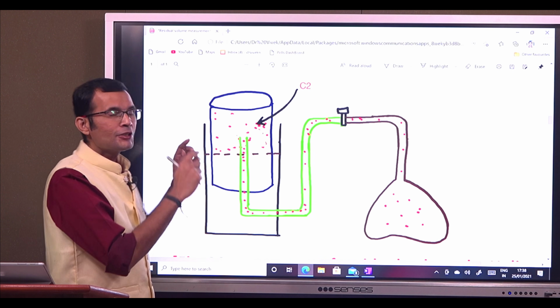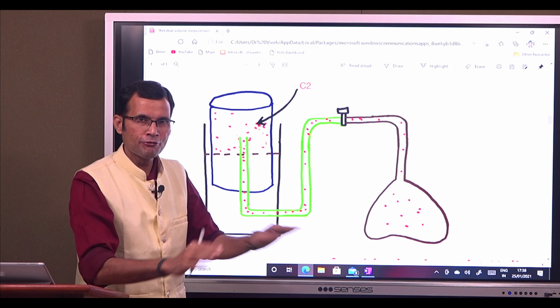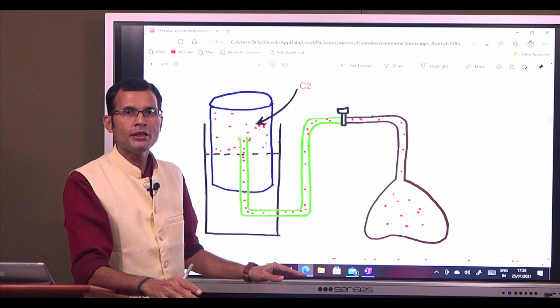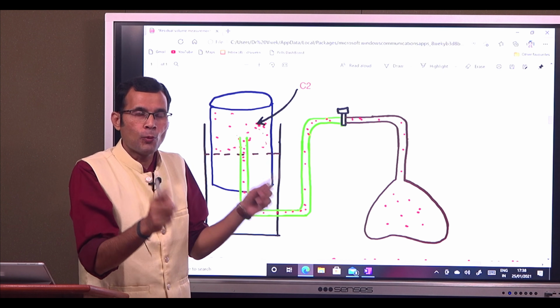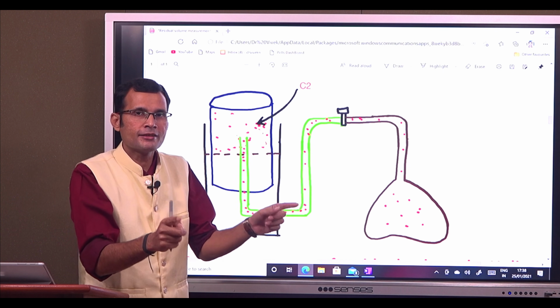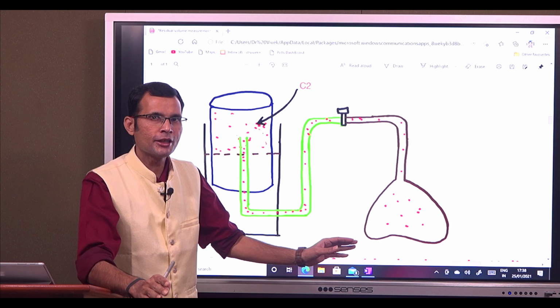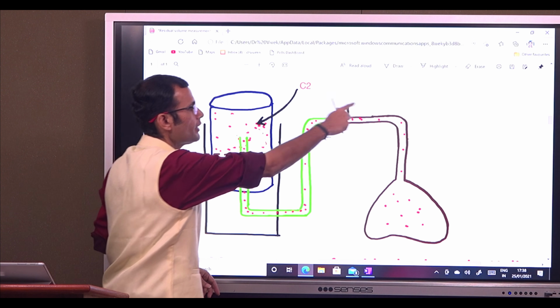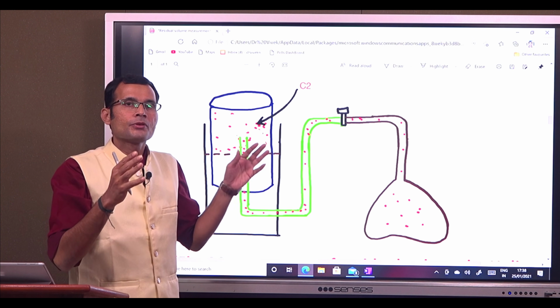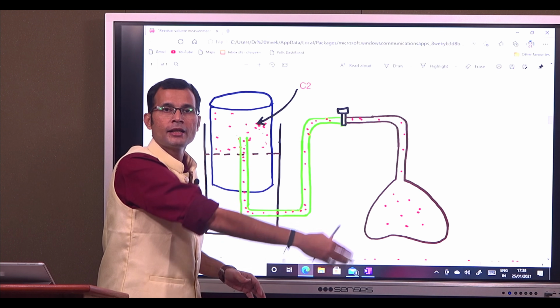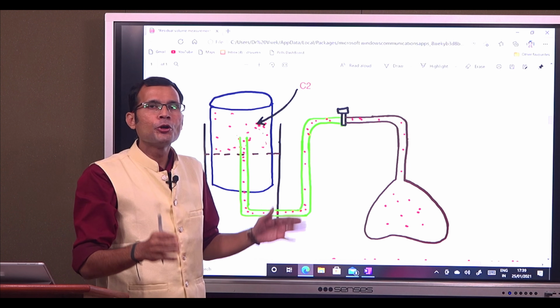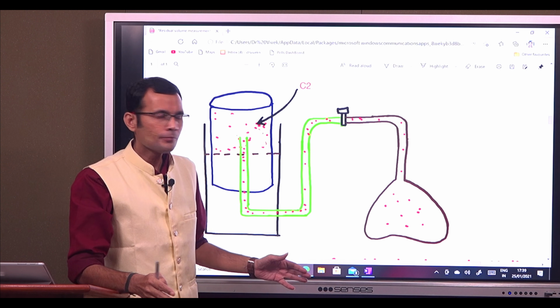Helium is going to be dispersed uniformly in this one compartment. What is that system where helium is going to be diluted? The spirometer and the lung. In that entire system, the helium is going to be diluted.